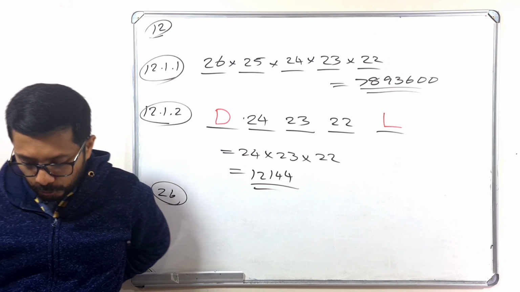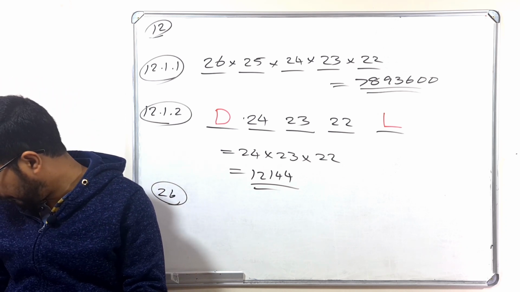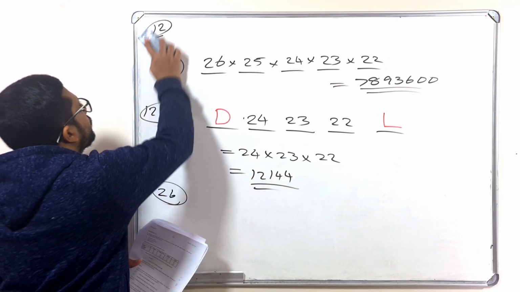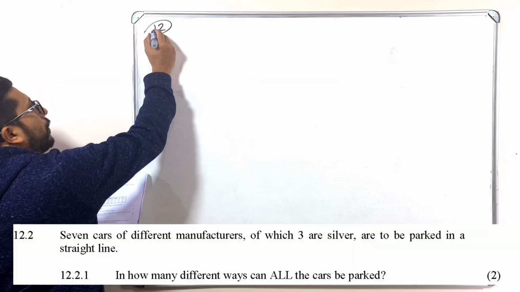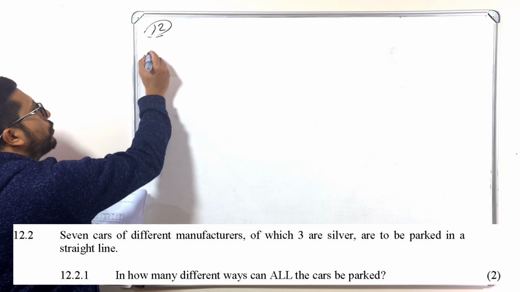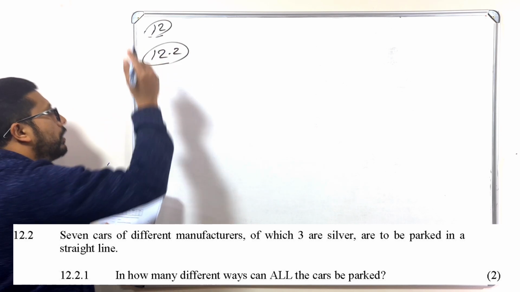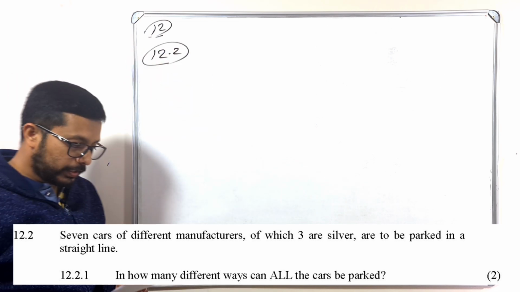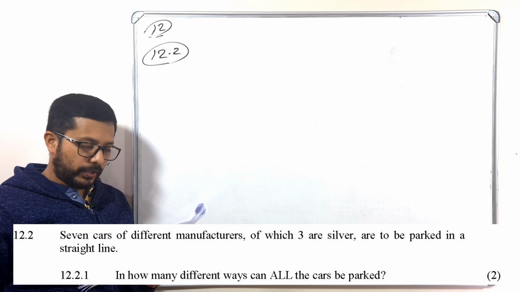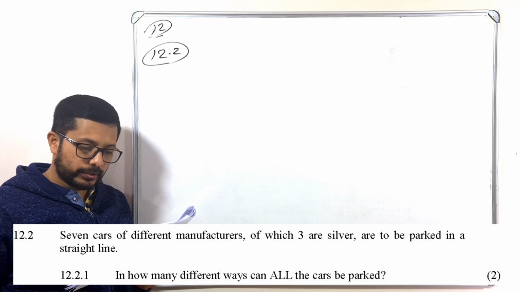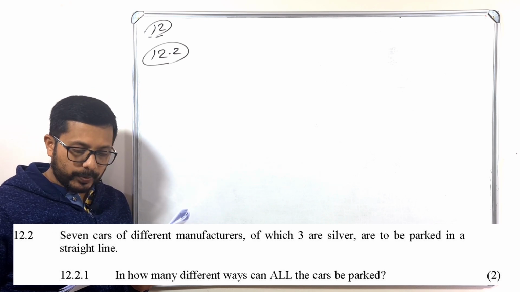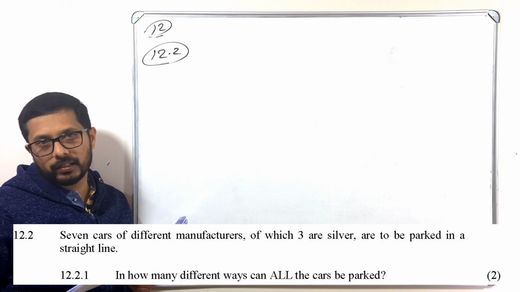Question number 12.2. What is that one? 7 cars of different manufacturers, of which 3 are silver, are to be parked in a straight line.